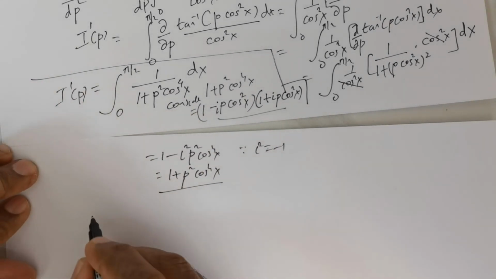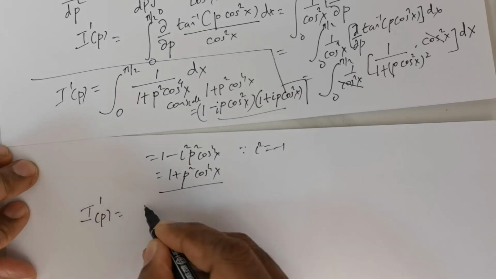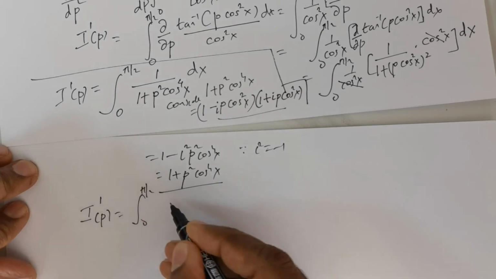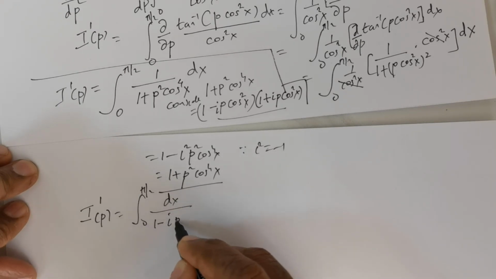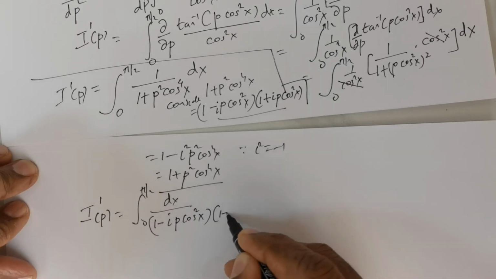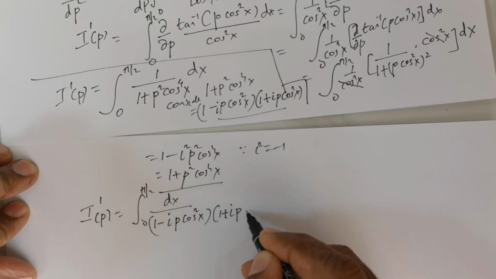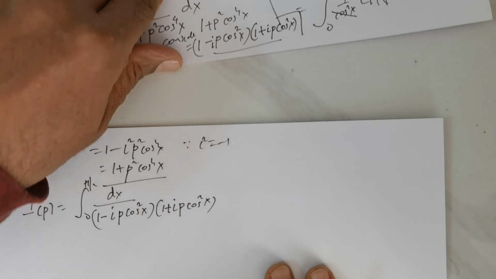So let's do that. So I dash of p is equal to integral 0 to pi over 2 dx divided by 1 negative I times p times cos squared x multiplied with, I would say, 1 positive I times p times cos squared x. Now I'm going to use partial fractions.